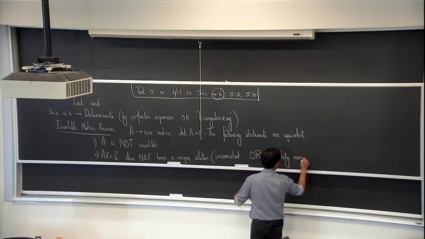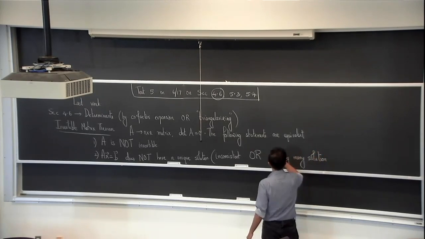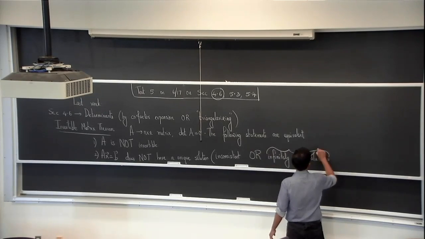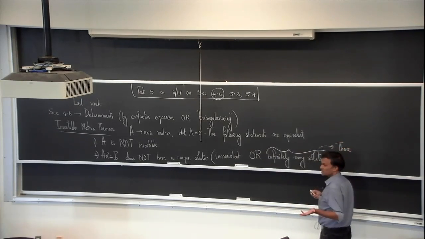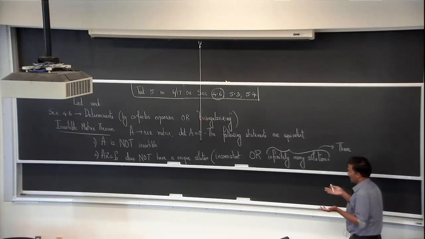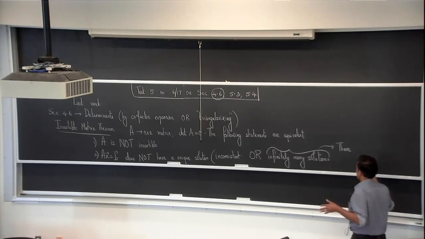Infinitely many solutions, and that automatically means that there are free variables. We don't know how many free variables there are because it's an n by n matrix, maybe one free variable or 5 free variables, I don't know, but there's at least one free variable.